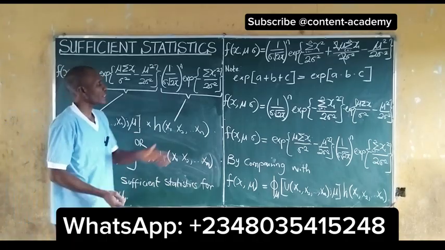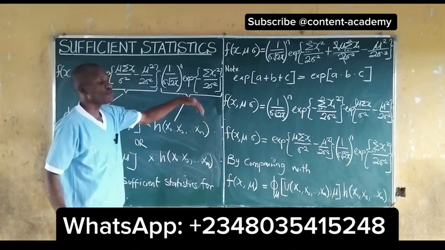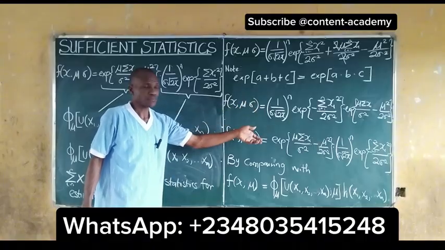So this is how we can estimate mu if we are given the normal distribution.